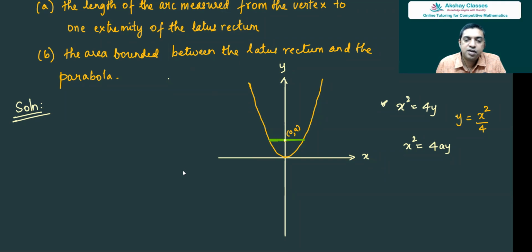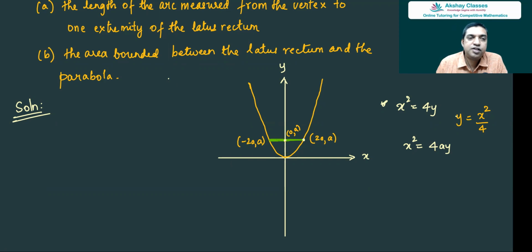This is the focus. Now the ends of the latus rectum will be 2a comma a and minus 2a comma a, from the basics of the equations of the parabola, what we have learned in our younger classes. So these are the ends, and this is 0 comma a.